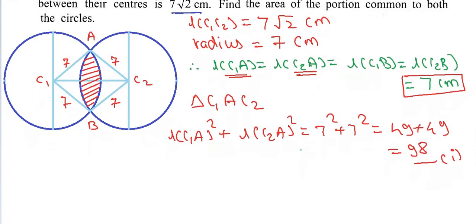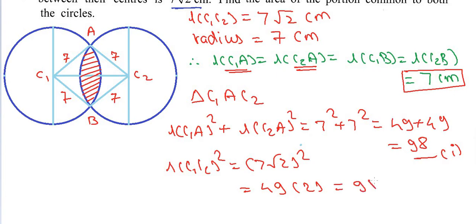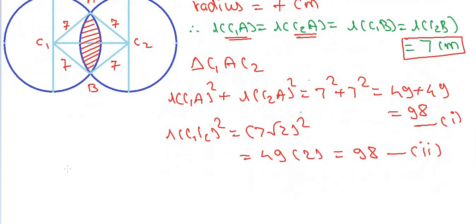And now consider C1C2 squared. C1C2 squared is equal to (7√2) squared. Now 7 squared is 49, root 2 squared is 2, that is equal to 98 again, equation number 2. So what do we get from equation number 1 and 2?